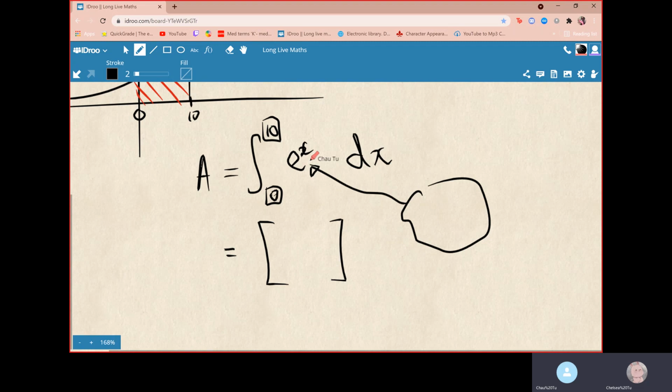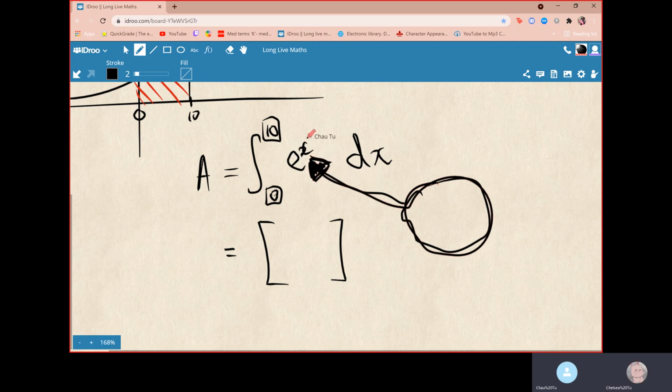Do you want a clue? Yeah. It's very easy. There's something out there that when you differentiate it, it gives you this. And the clue is that it's very easy.